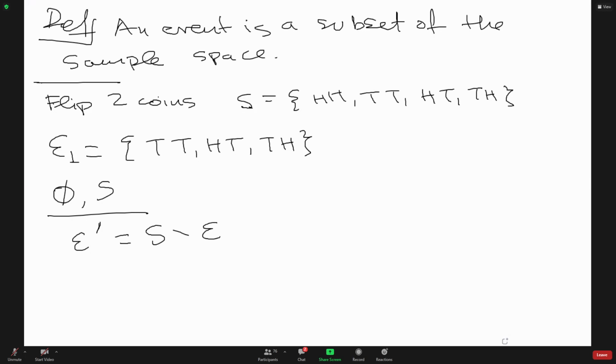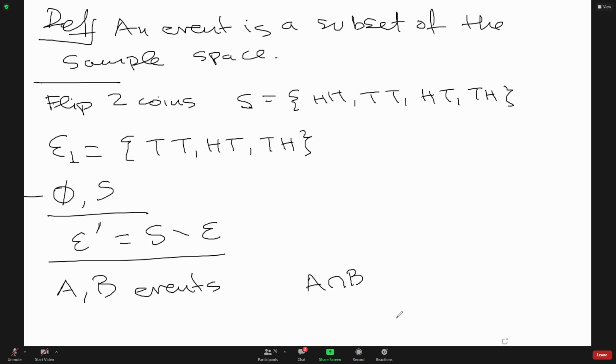Question. If we have two events, A and B, what about A intersection B? Is this also an event? Yeah, it might be.